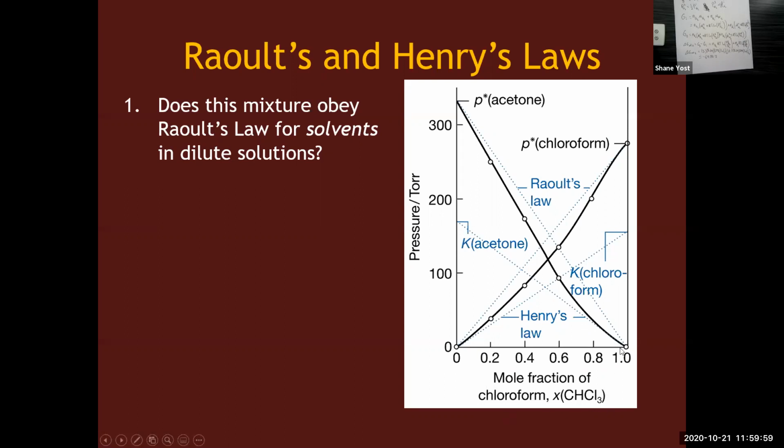When the mole fraction of acetone is very small, its vapor pressure obeys Henry's law, which is just the mole fraction times Henry's law constant. But when the mole fraction of chloroform is very small, the mole fraction of acetone is very large, and that's our solvent. So it's going to obey Raoult's law, which is the mole fraction times the pure vapor pressure of acetone.